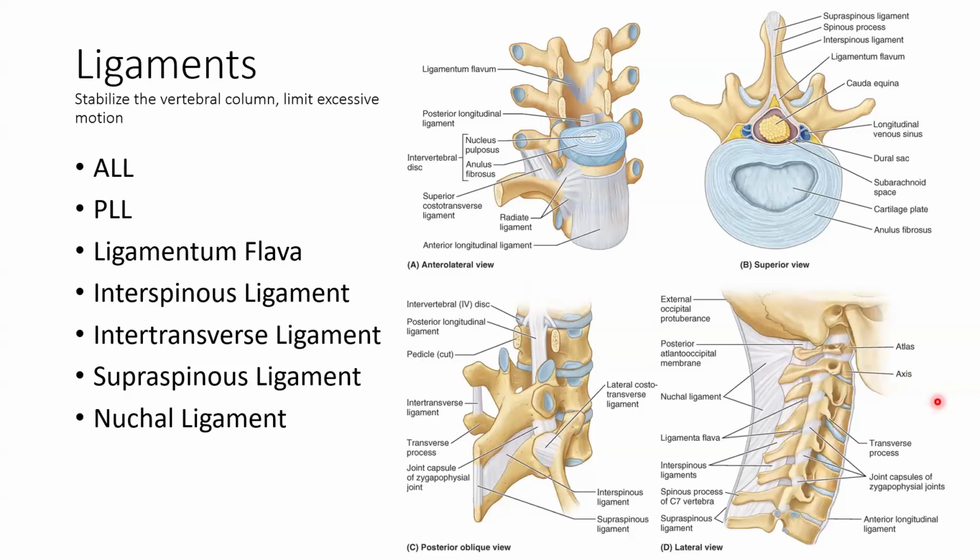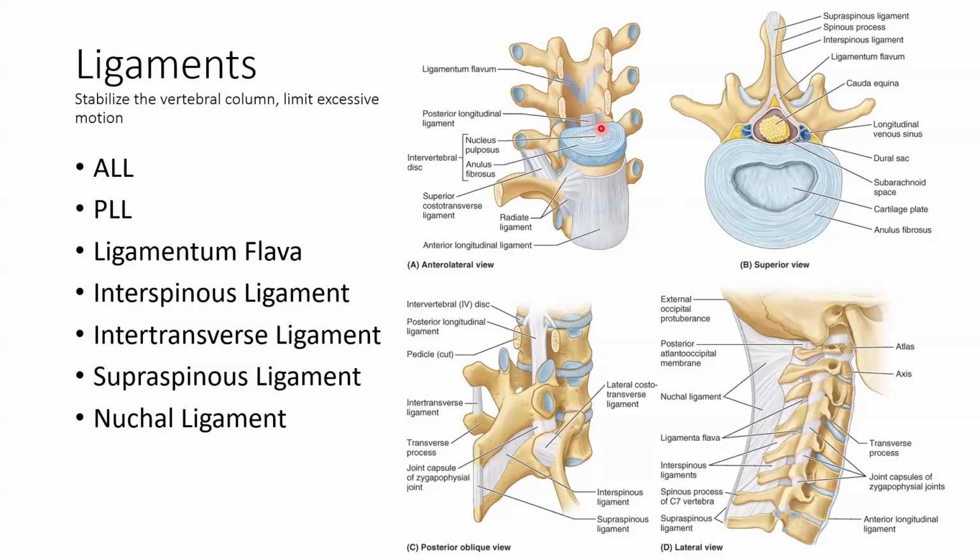So it's preventing hyperflexion or excessive spinal flexion. You can see it right here at the back of the vertebral disc. It helps support the posterior portion of the IV disc and helps resist disc herniation.